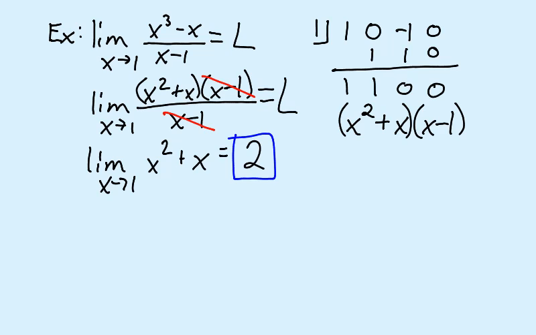The negative 1 is from the negative x, and the 0 is because there's no constant term. I drop down the first coefficient here, and then I multiply going back up. I add going down, and then I just repeat going across. When I get to the end, if my final answer right here is 0, then that means I have a good factor.